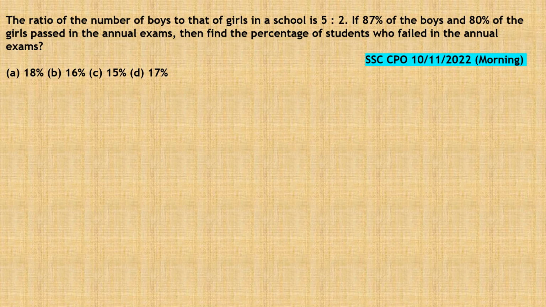The ratio of the number of boys to that of girls in a school was 5:2. If 87% boys and 80% girls passed in the annual exams, find the percentage of students who failed in the annual examinations. 87% passed, that means 100 minus 87, the failed percentage is 13%.